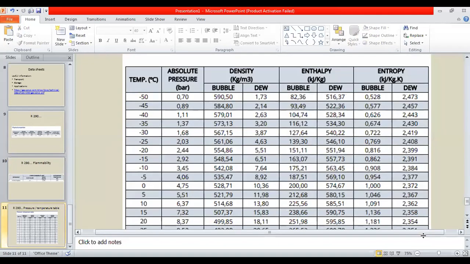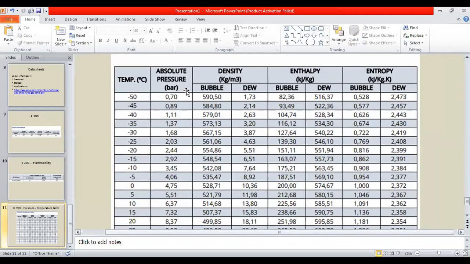So what are the things here? Temperature, absolute pressure. You have to understand this very well. Density, enthalpy, entropy.